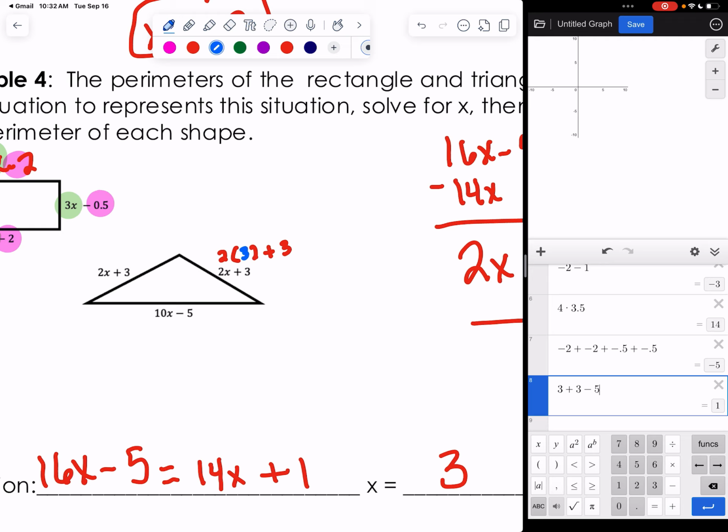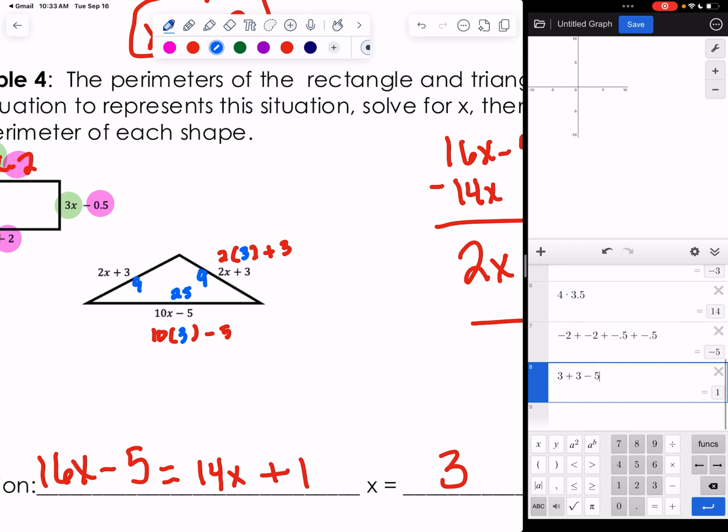So 2 times 3 is 6. 6 plus 3 is 9. So that tells me this side is 9 and this side is 9. Now down here we have 10 times 3 minus 5. Put 3 there. So 10 times 3 is 30. 30 minus 5 is 25. So I know this side is 25.